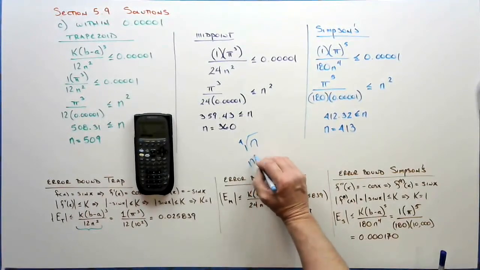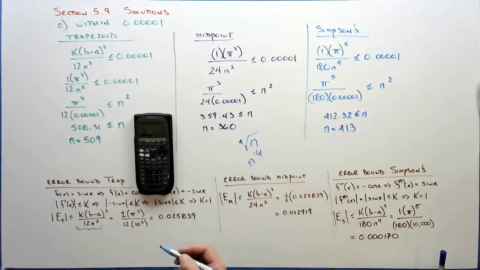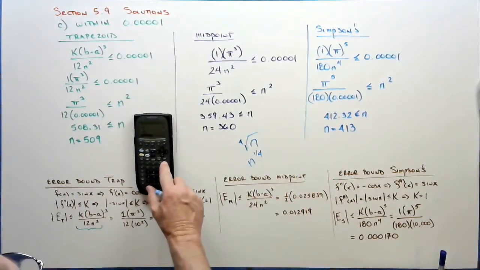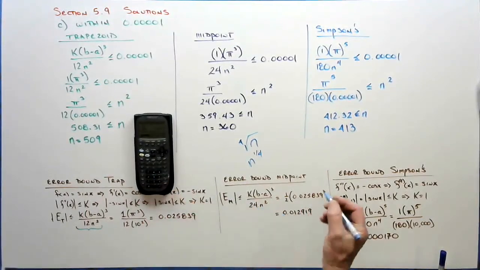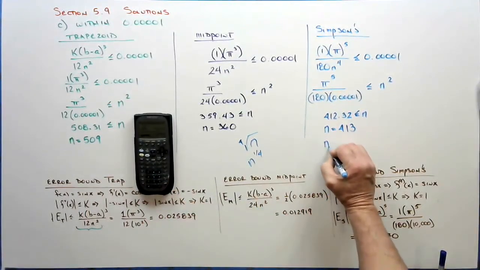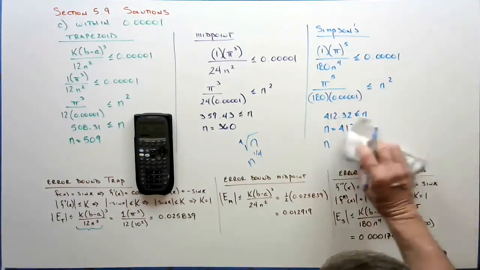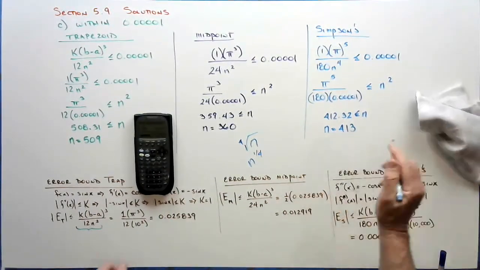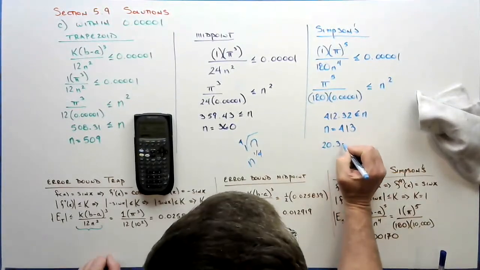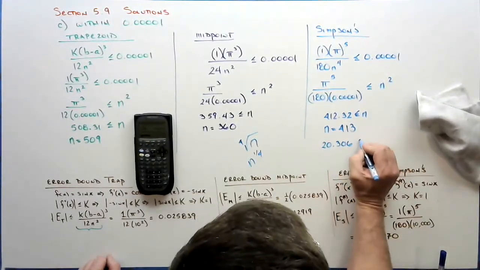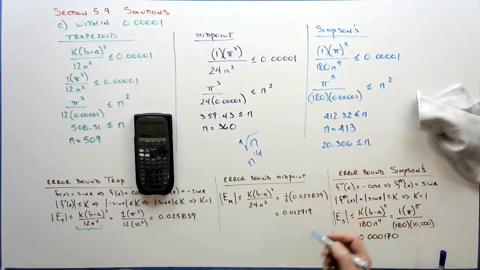Well, the fourth root is n to the 1/4, so our power is 0.25. So we'll raise that answer to the 0.25, and we get, look at that, 20.306. It's less than or equal to n.